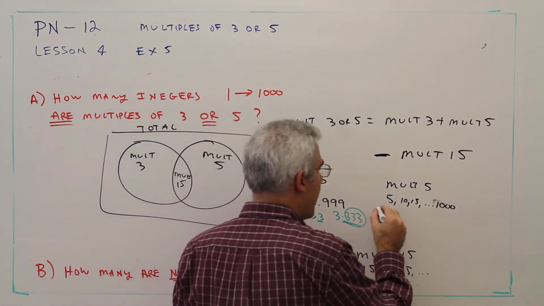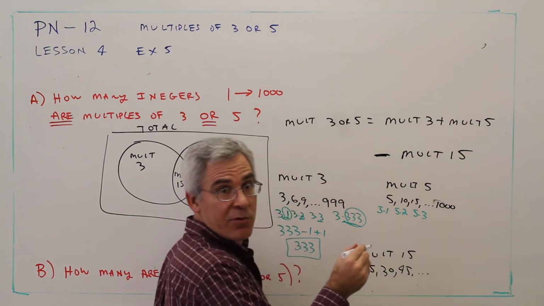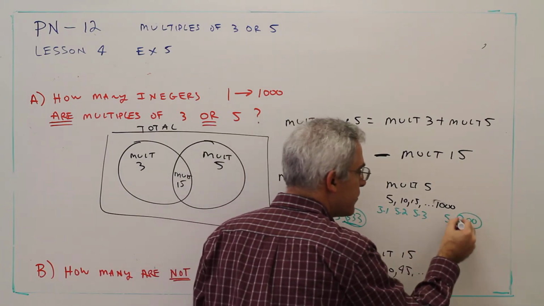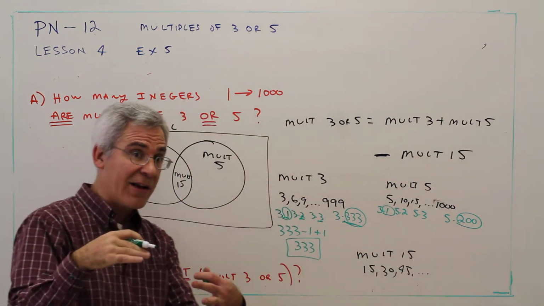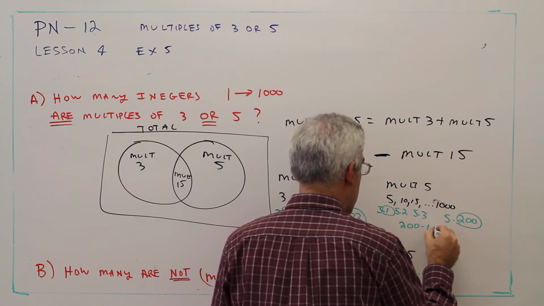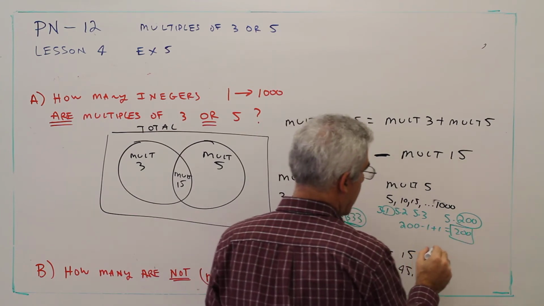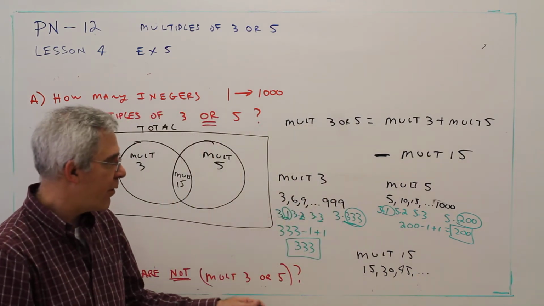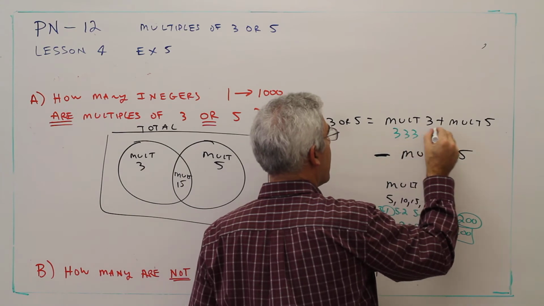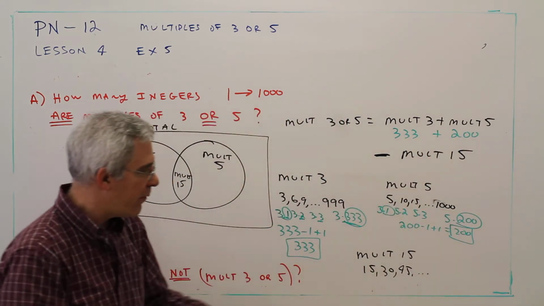Over here, this is 5 times 1, 5 times 2, 5 times 3. This is 5 times 200. All I do is I subtract and add 1. Okay, so there's 200 of those. So right now I've got 333 plus 200.